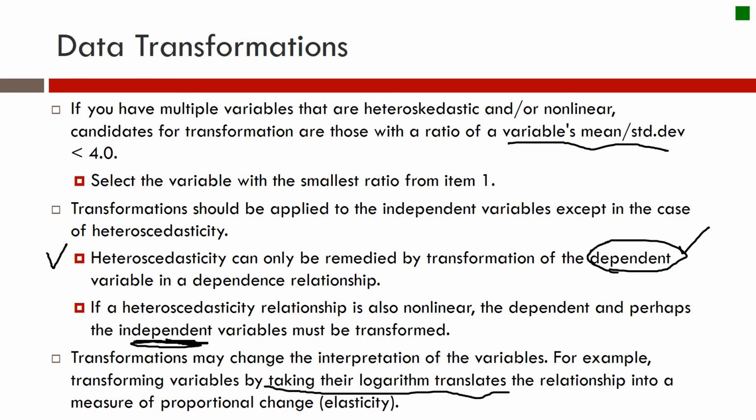Okay, so use caution when you're doing transformations, and try a lot of different types of transformations if you want. Compare before and after effects of the transformation to see if your data improves or not.